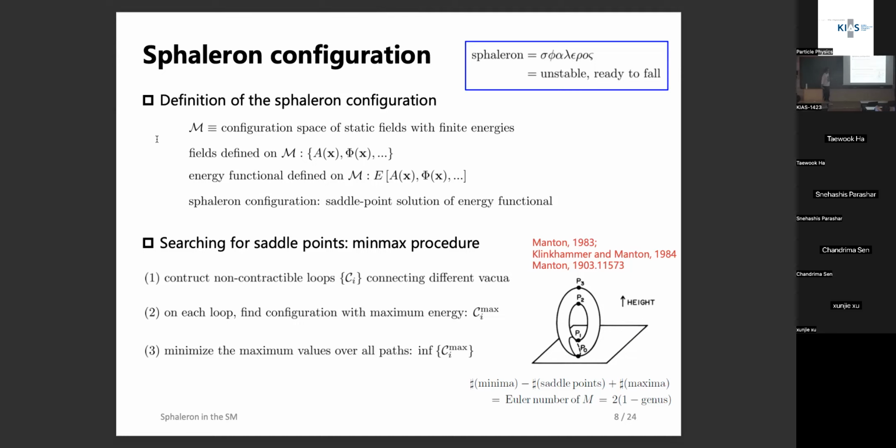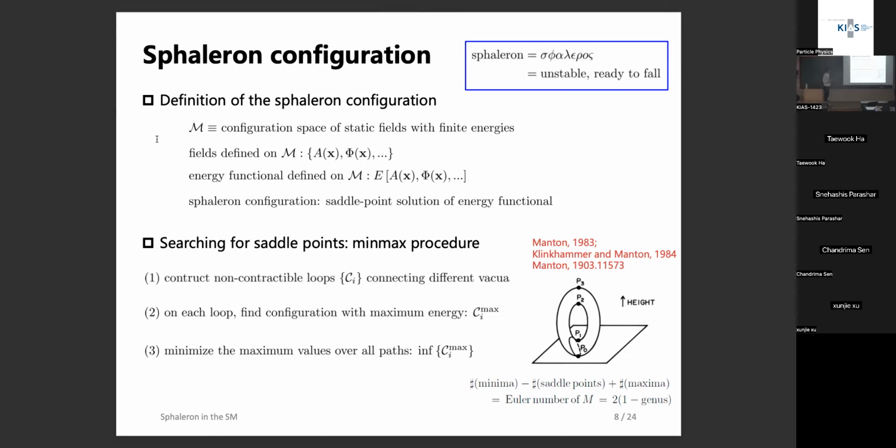First, we define M to be the configuration space of all of the static fields with some boundary conditions and finite energies. On this configuration space M, which is a manifold, we can define all of the fields, which include the gauge fields, the scalar fields, and so on.